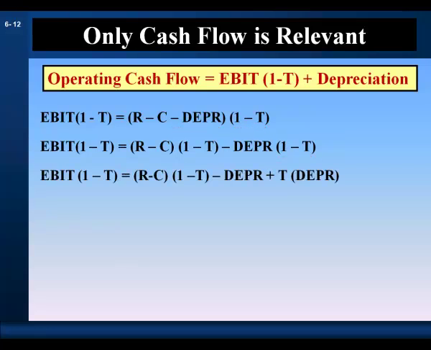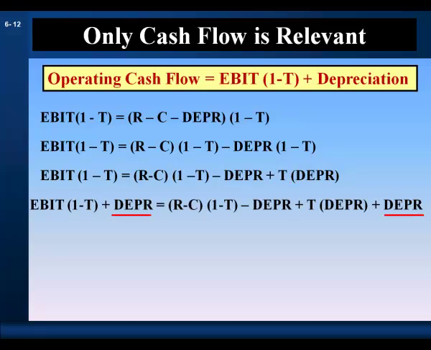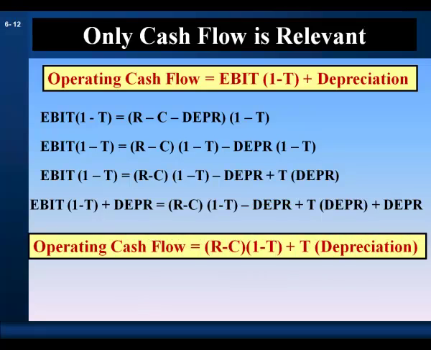Now let's multiply negative depreciation through. So negative depreciation times 1 is negative depreciation. Negative depreciation times negative the tax rate is positive tax rate times depreciation. We add depreciation to both sides, and note we now have operating cash flow. Depreciation cancels out on the right hand side, and we have this equation.